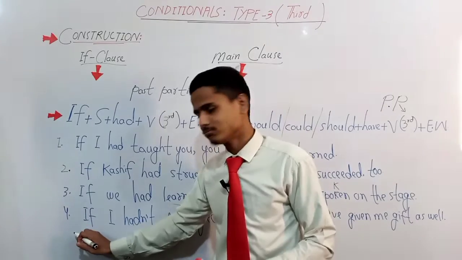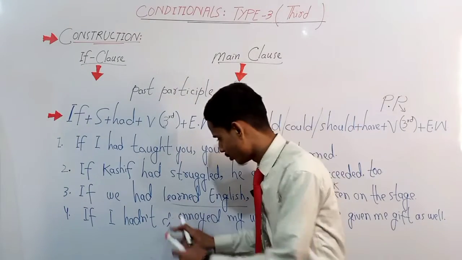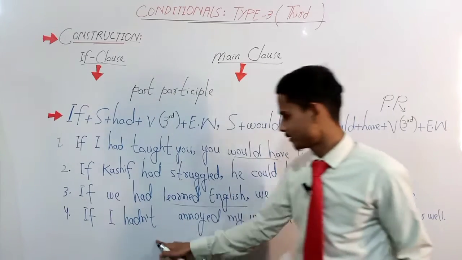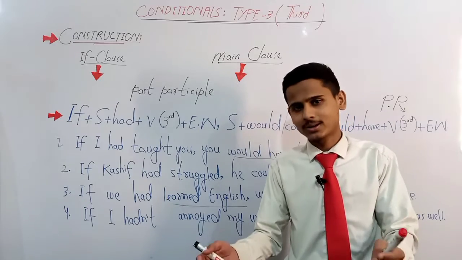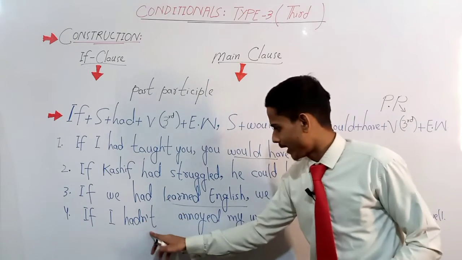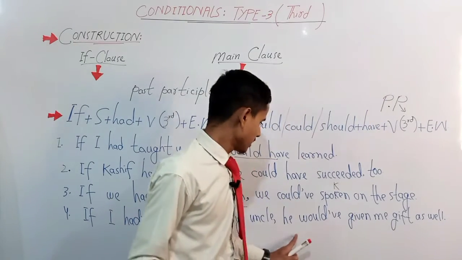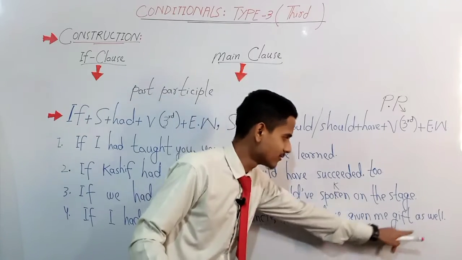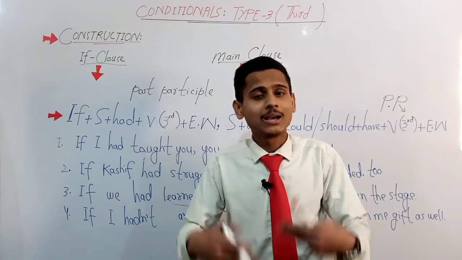Now the last one but not the least: if I hadn't annoyed my uncle, he would have given me a gift as well. Hadn't is the contraction of had plus not. The situation is different from what I am trying to say.